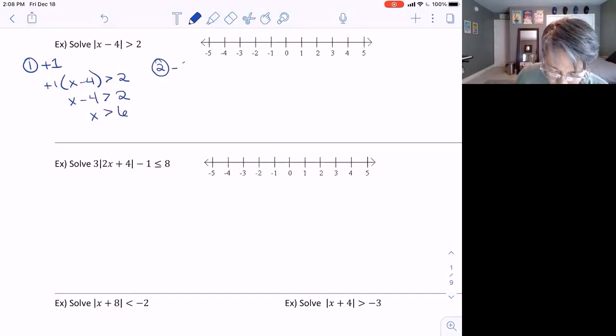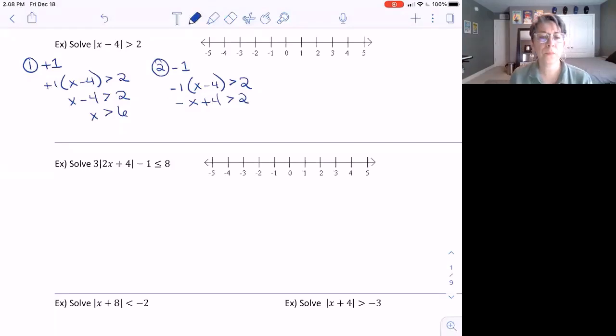Great. But the second possibility is that the absolute value is representing the negative, the opposite. So we're going to distribute a -1. If we do a -1 times the entire inside of the absolute value, that will give us the opposite of x plus 4 is greater than 2. We're going to subtract 4 from both sides, so we get the opposite of x is greater than -2.